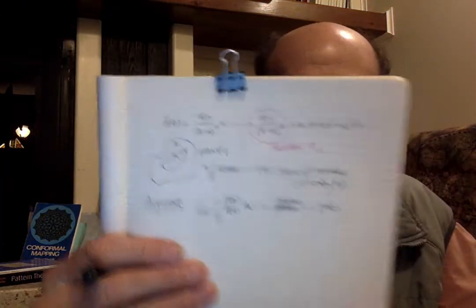But the residues are only plus or minus 1: plus 1 for a zero, minus 1 for a pole. So it's the zeros minus the poles. So again, the precise statement is in Ahlfors, but it's zeros minus poles. And so these things work out really quite well. So that's the argument principle.